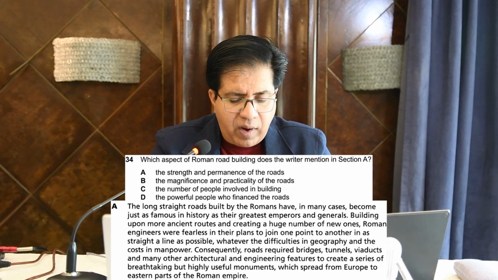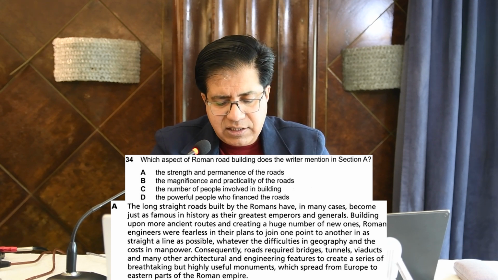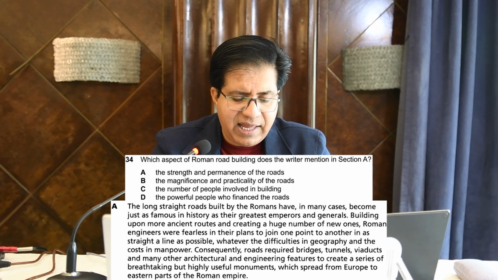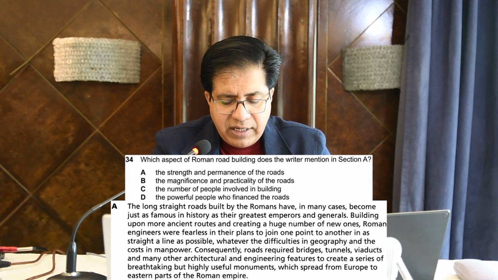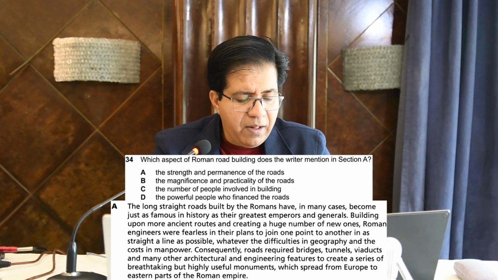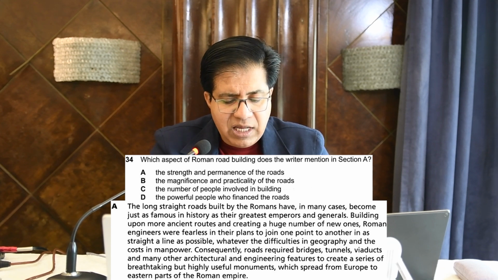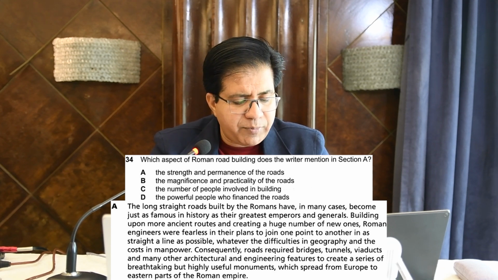Consequently, roads required bridges, tunnels, viaducts, and many other architectural and engineering features to create a series of breathtaking but highly useful monuments. So focus on this: breathtaking but highly useful monuments, which spread from Europe to the eastern part of the Roman Empire.